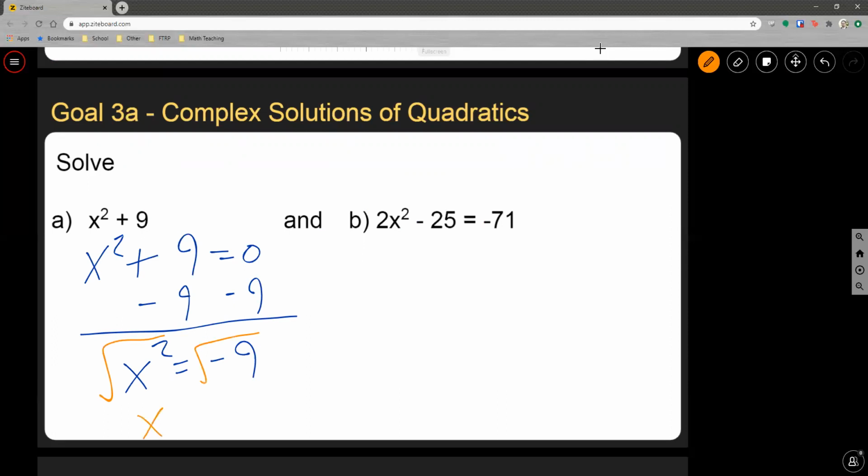I'm going to end up with x on the left. Square root of negative 9, that's going to give me 3i. And remember, this is an x we're solving for, so we're still going to have the plus or minus 3i. So our answers really are x equals positive 3i and x equals negative 3i.